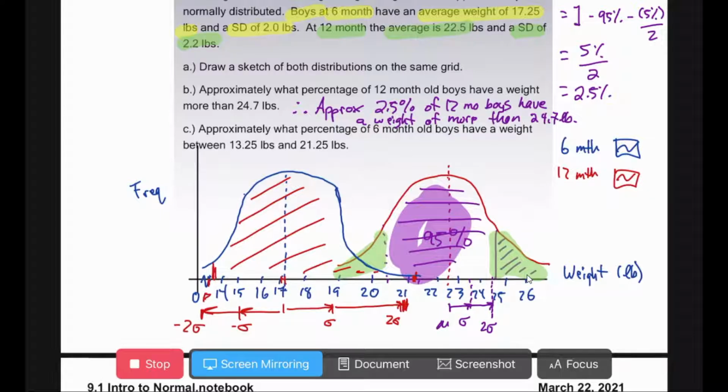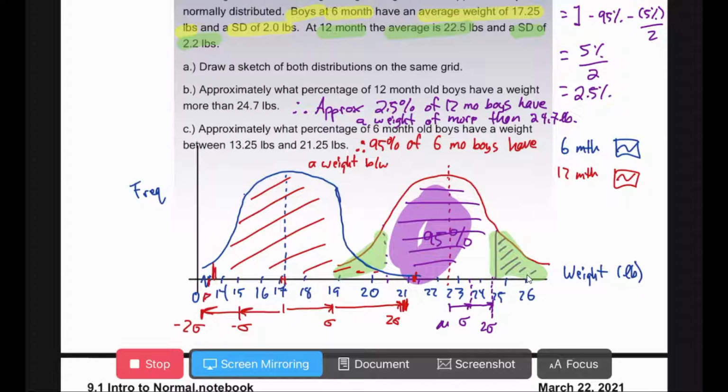Let's write our conclusion then. Therefore, so we're within 2 standard deviations of either direction, so 95%. Therefore, 95% of 6-month-old boys have a weight.